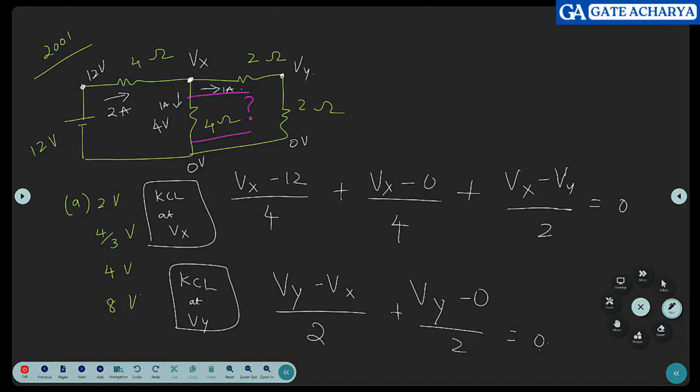The same problem we tried to solve with KCL. We had two variables, two equations. And the next case we tried to solve it with KVL, two variables, two equations. And then we see here there is a small opportunity that I can reduce it into a single resistance.